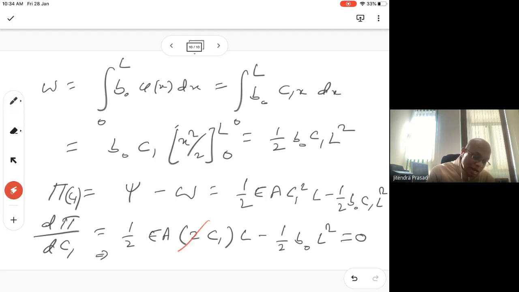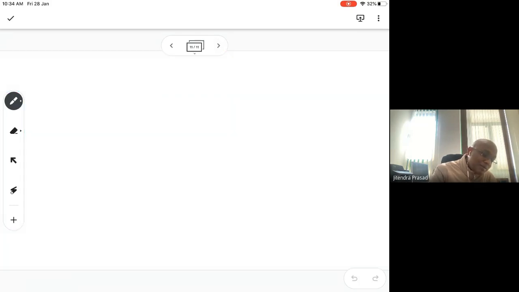You see here, this is half and half, so you have EA times L, and simply you get c1 equal to b naught L divided by 2 EA. That means you got the c value. So hence u(x) will be equal to c1x, which is b naught L over 2 EA times x.